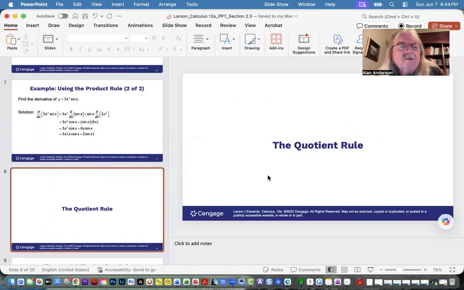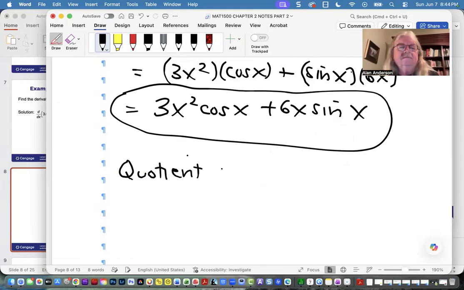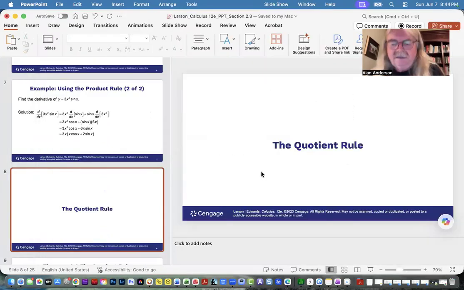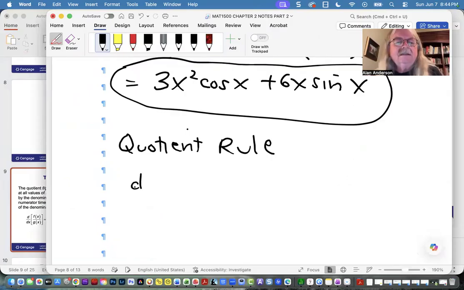Now, if there's a product rule, it stands to reason that there's a quotient rule. It also stands to reason that it's messier than you might think. Okay, so let's see how this one works. Okay, so now we have, they're using this notation.